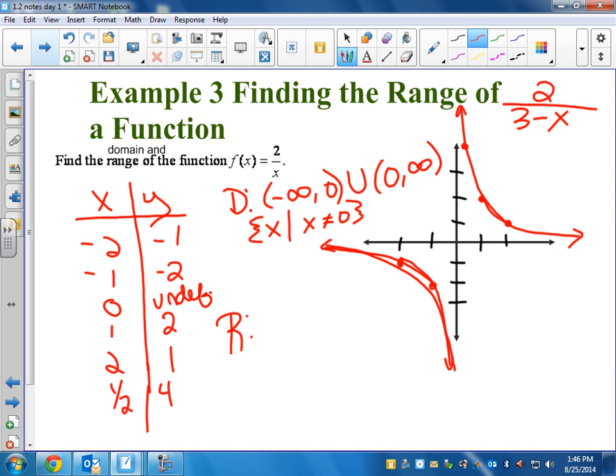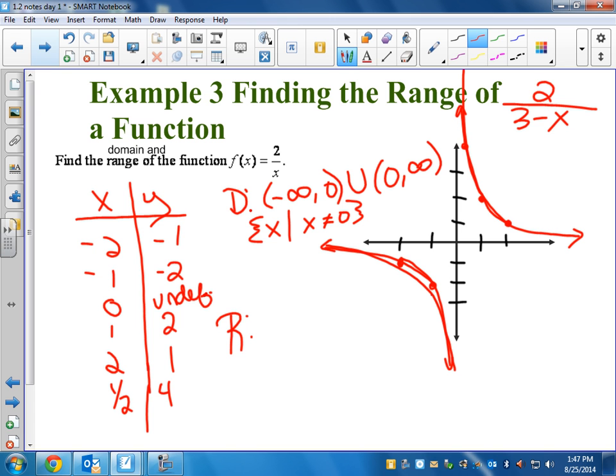Now the range, we'll talk more about asymptotes tomorrow. We'll review horizontal asymptotes. We're not going to get there today. But the range is what y can't be. Looking at this graph, what can't y be? Joe says 0, and that's true, because this is going to go up to infinity forever.